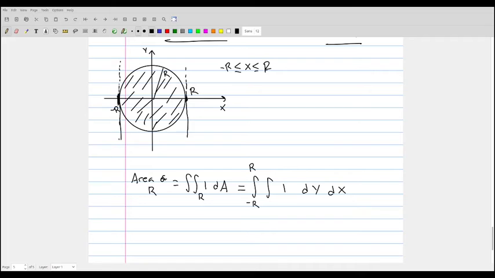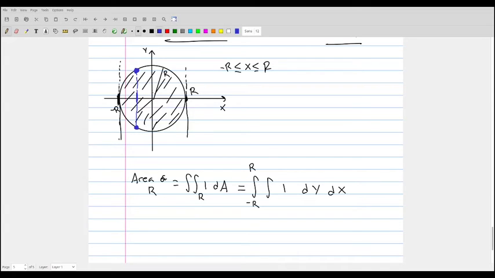Y, on the other hand, is not so straightforward, because if you fix an x value in this region, the lower bound for y is the bottom of the circle, and the upper bound for y is the top of the circle.